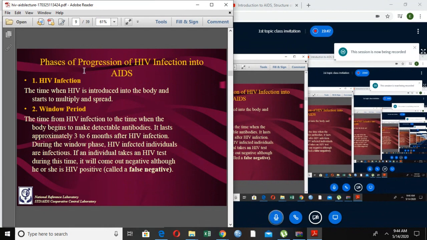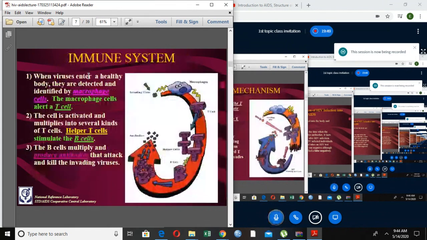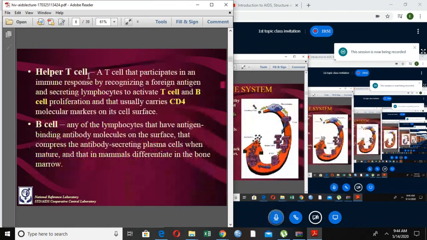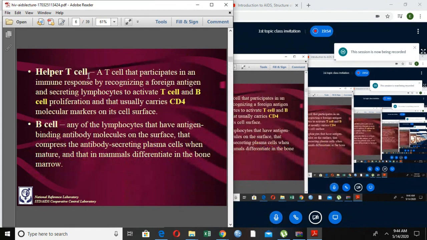That's why for a person who is HIV and AIDS positive, to know how this virus has really destroyed the immune system, they normally count the amount of CD4 cells per deciliter you have in your blood. So if these CD4 cells are very low, it means that your HIV has really affected your helper cells.